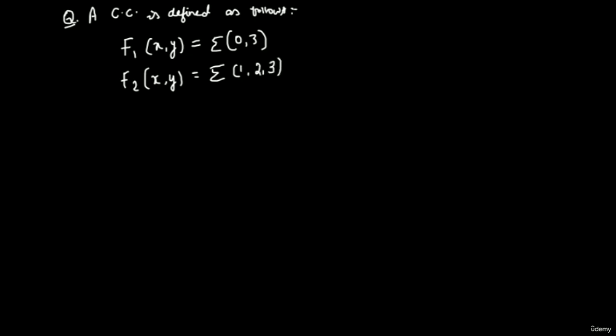Okay, so what we need to do here, the real question, is implement the combinational circuit by means of the decoder that we are focusing on right now.